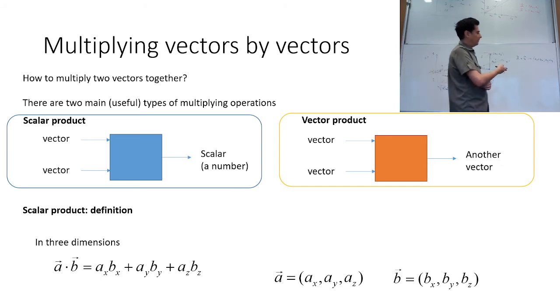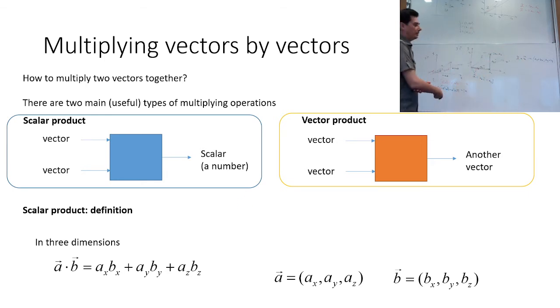For the scalar product, you take two vectors and then do some operation on them, which I'm going to define just down below here. And then what it will eventually do is output a number. What happens inside this blue box is defined by this particular formula.